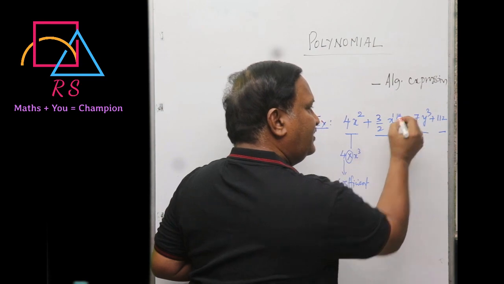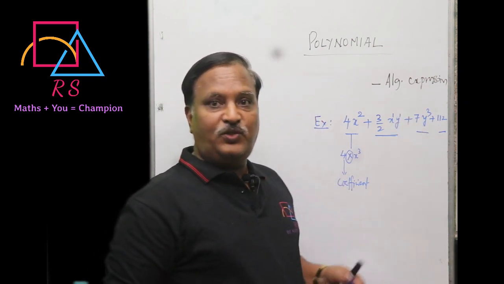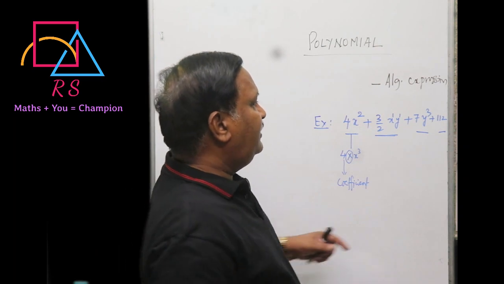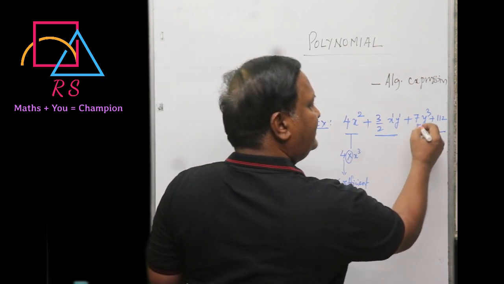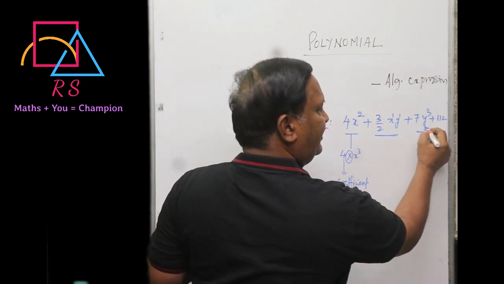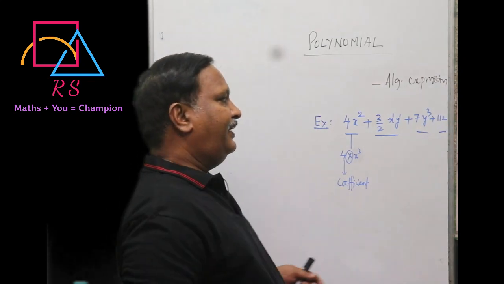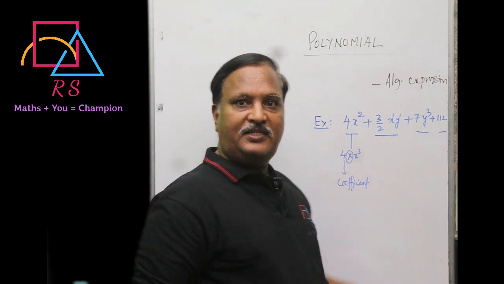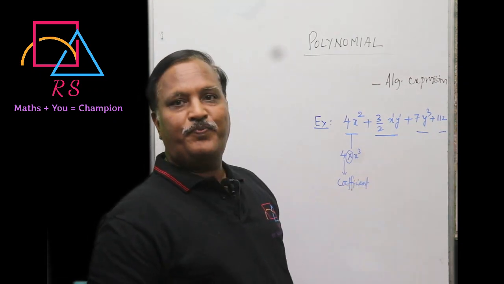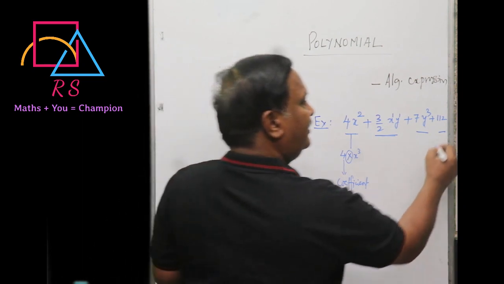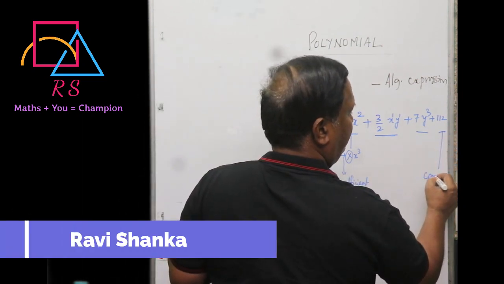So every variable will have an exponent, a power, right? Now let us go to the third. 7 is the coefficient, y is the variable, 3 is the power of the variable. And let us go to the last term, 112. No variable in it, so it is called the constant term.